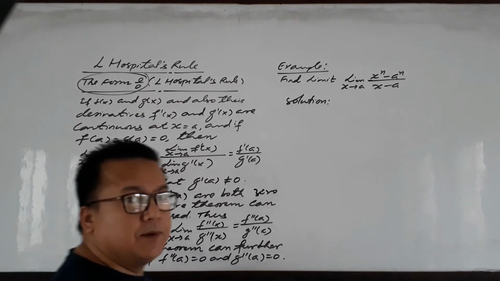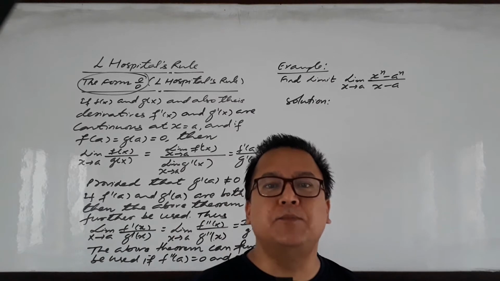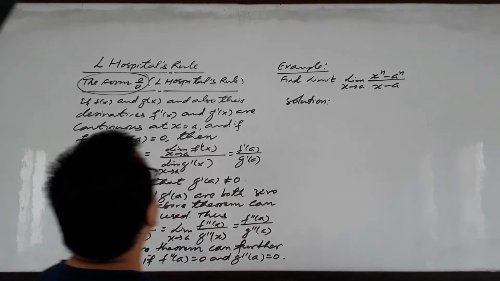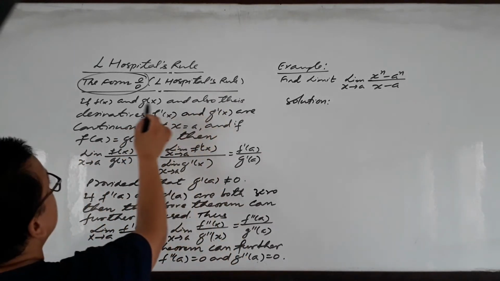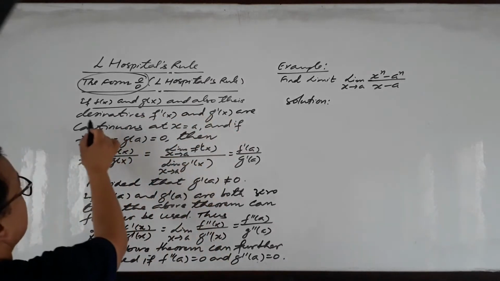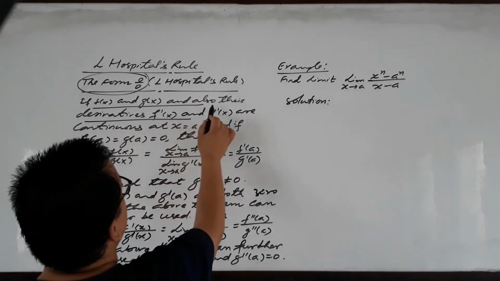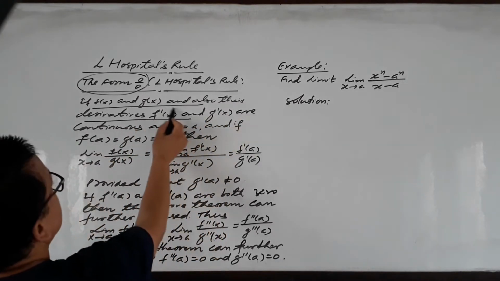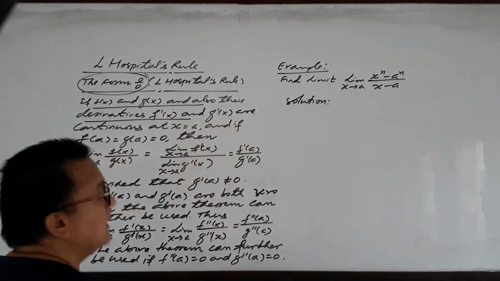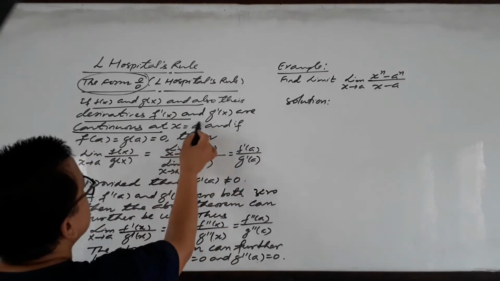So see everybody, in order to apply the L'Hospital rule, we need the indeterminate form 0 upon 0. Then, according to the L'Hospital rule, f of x and g of x have derivatives, where f prime of x is the derivative of f of x and g prime of x is the derivative of g of x, and they are continuous at this point.